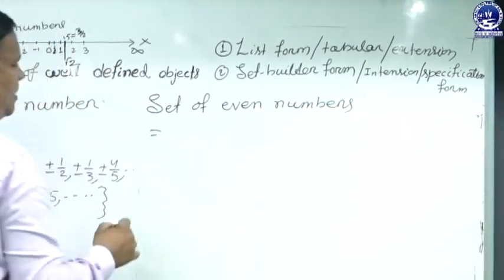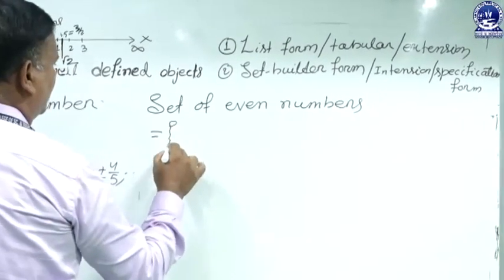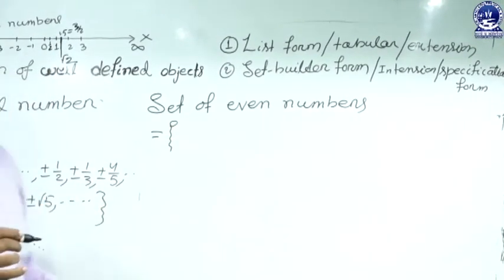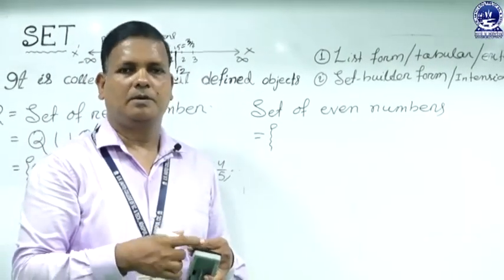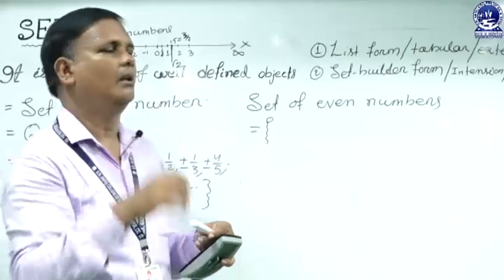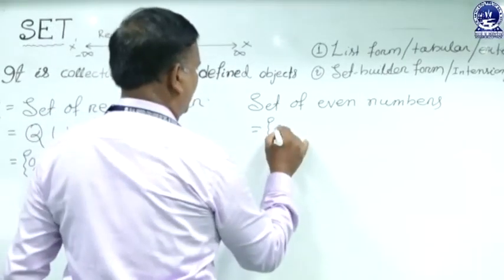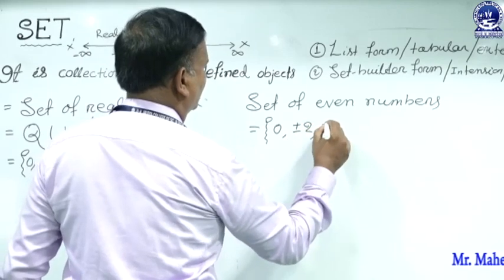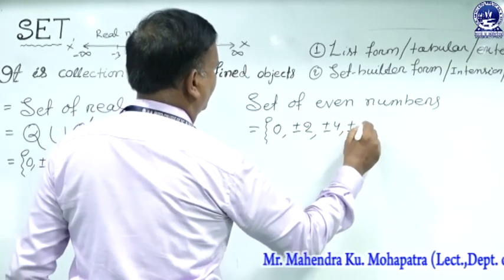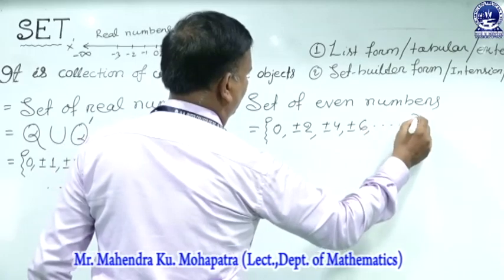So what is the set of even numbers? All the numbers divisible by 2. If an integer is divisible by 2, it is called an even number. 0 is an even number, plus 2, minus 2 are also even numbers, plus minus 4, plus minus 6 are even numbers.